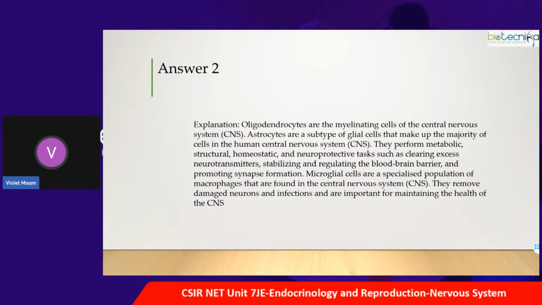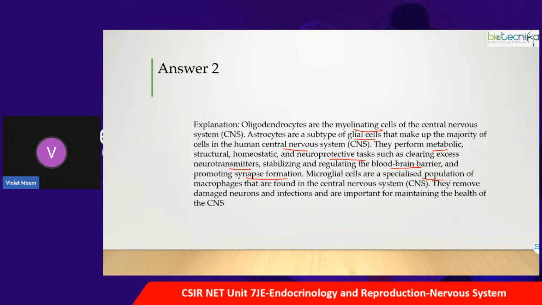The same thing is mentioned over here. Let me quickly go through it. Oligodendrocytes are myelinating cells of the central nervous system. Astrocytes are a type of glial cells, more in number, making up the majority of cells in the central nervous system. They perform metabolic, structural, homeostatic, and neuroprotective tasks like clearing excess neurotransmitters, stabilizing and regulating the blood-brain barrier, and helping in synapse formation.